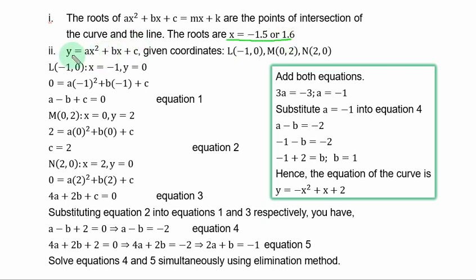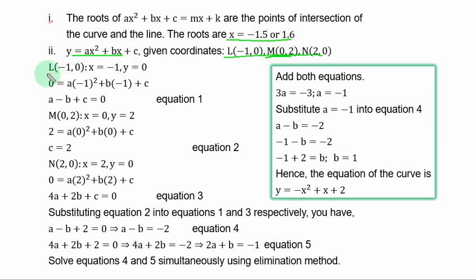To find A, B, and C, you have the 3 coordinates. Like I said earlier, you can start from the y-intercept or any one precisely, but taking the y-intercept will give us C. Of course, you need to replace C in the remaining equations.